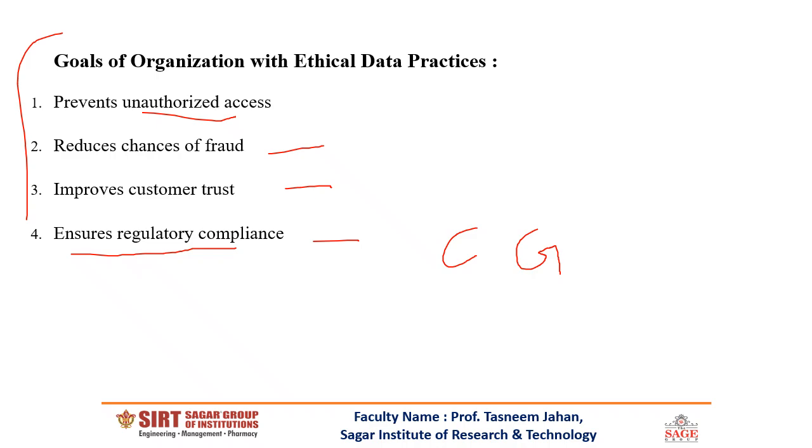Ensuring regulatory compliance is something which depends on your customer also, and depends on the government and administration also. Government puts down certain acts, certain laws, and when you are complying with the regulatory framework, it is important that you take care of what the government is saying. For example, in India, there is a DPDP Act, and the DPDP Act says that an application, website or any organization must tell their customer about how the company is going to use their data.